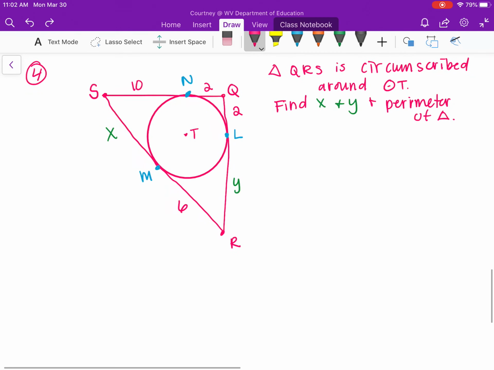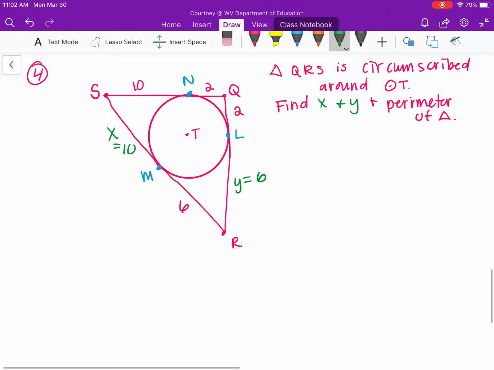So let's look at point R. If MR is 6, then LR would also be 6. In the same way, we have point S. From N to S is 10. So from M to S also has to be 10. So we have X is 10, Y is 6.